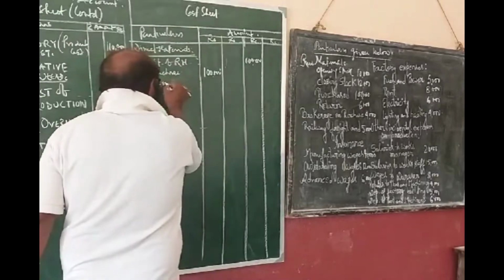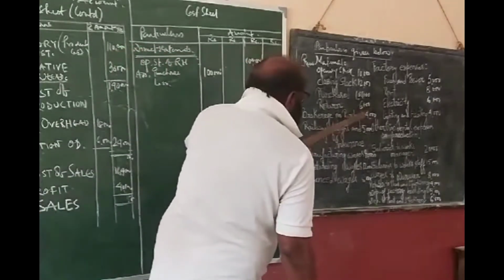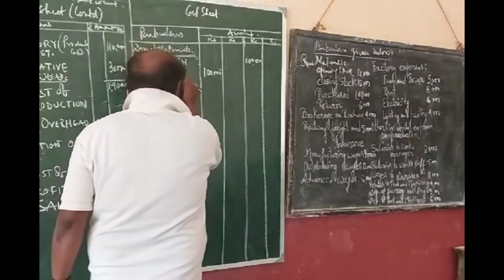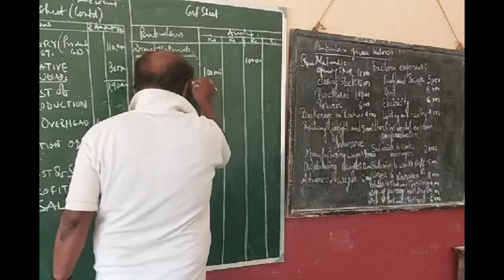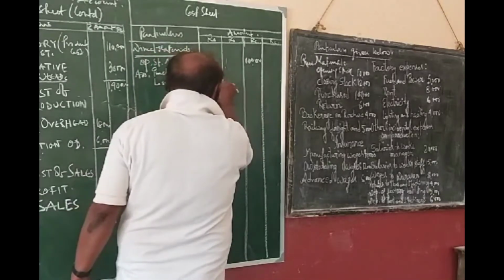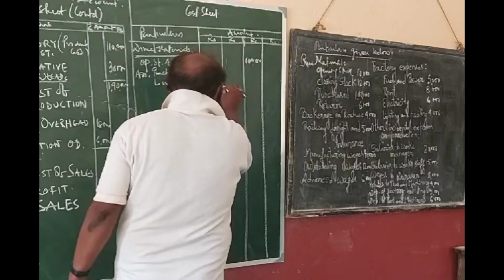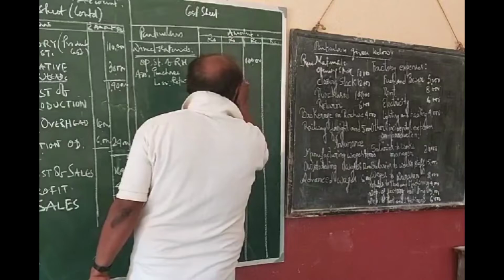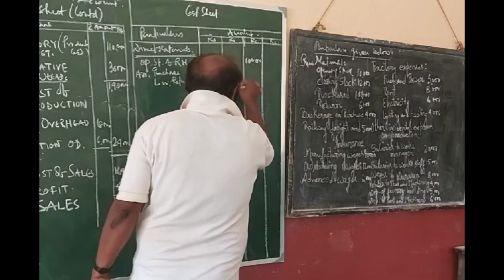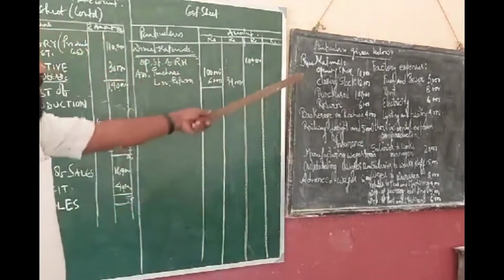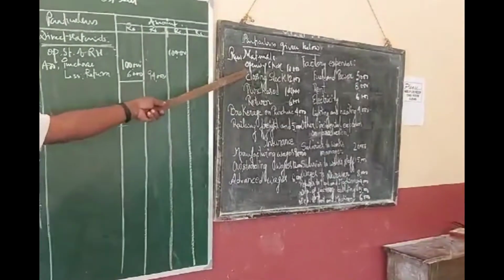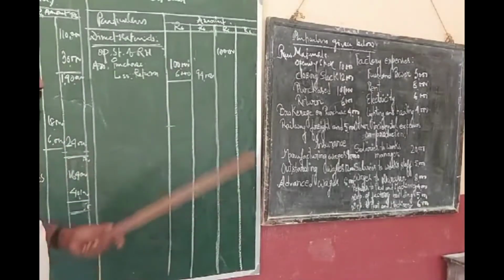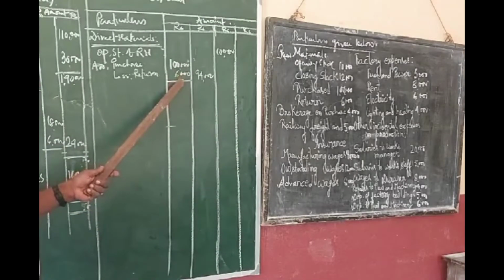Now I have returned material amounting to 6,000. Return, 6,000. So the net purchase is 94,000. Clear? So I have the opening stock of rupees 10,000. I have purchased goods amounting to 1 lakh, and out of that I have returned 6,000.